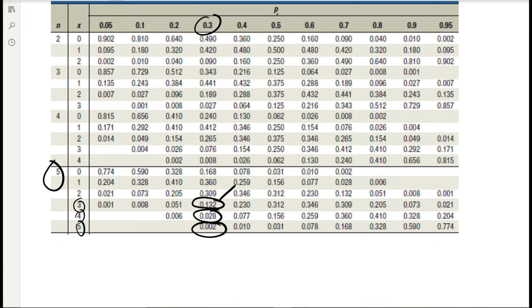This is P of x equals 3, and this is P of x equals 4, and then this is P of x equals 5 in our example earlier. And notice that if we add those together, we're going to get the answer that we got earlier, which is 0.162. So that's how you go about using the binomial distribution table, which simplifies things immensely.